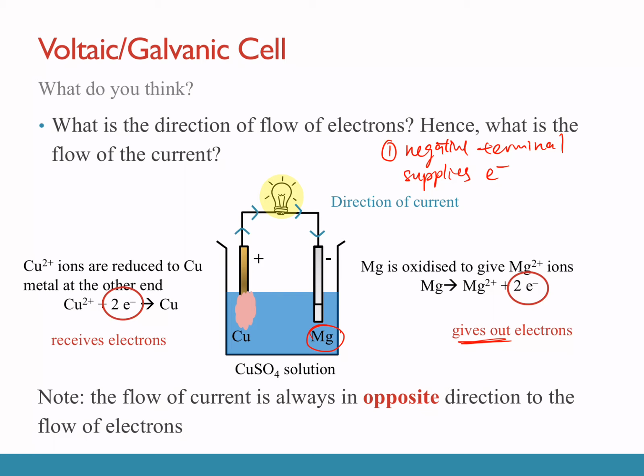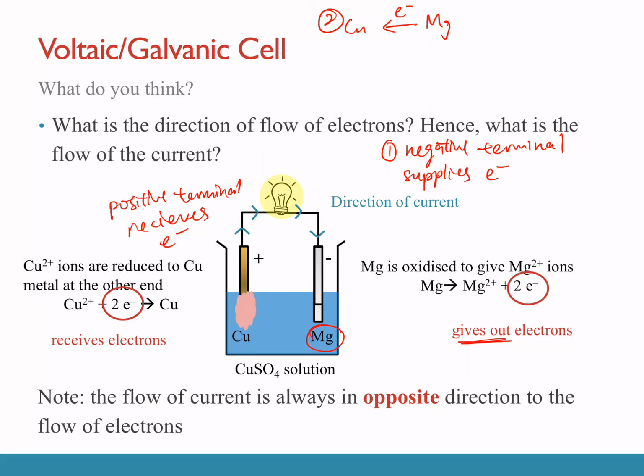Okay? The positive terminal receives electron. Second way you can think of it is that the electrons flow from magnesium to copper.